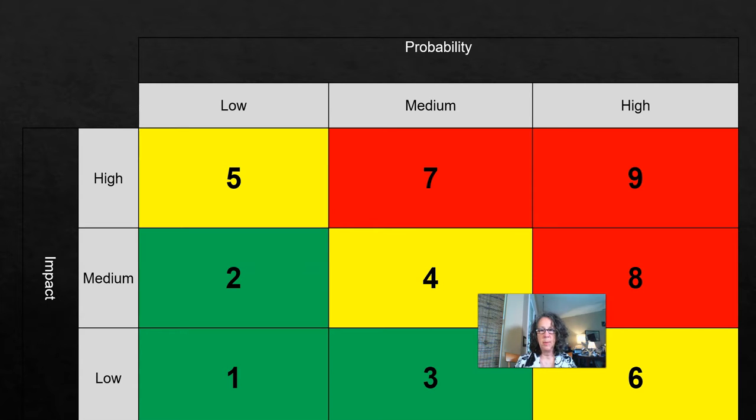In determining what the probability of a risk occurring is, and then determining what the impact on the project is, and just using these simple categories of low, medium, high, the risks themselves can be placed in these different boxes.